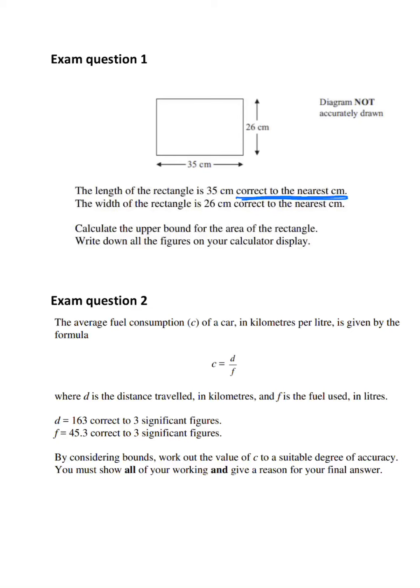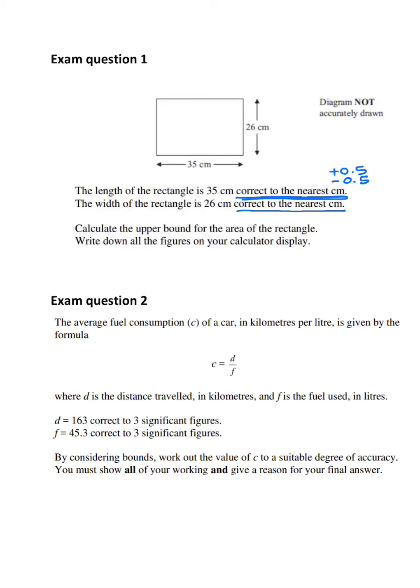So it's rounded to the nearest centimetre, which means unit. So I'm going to go half a unit up and half a unit down. The width of the rectangle is 26 centimetres, also correct to the nearest centimetre. So that too will be add half a unit and subtract half a unit. So let's look at the upper and lower bounds for this then.